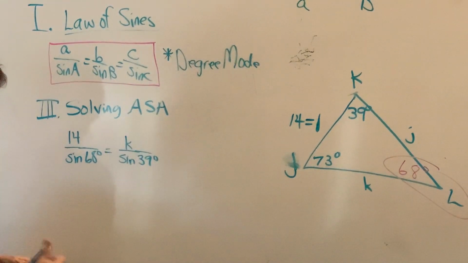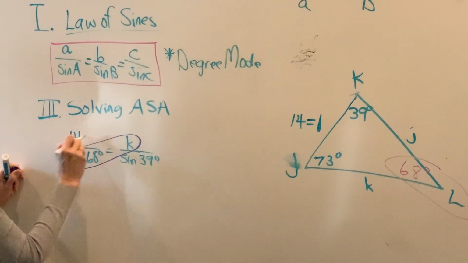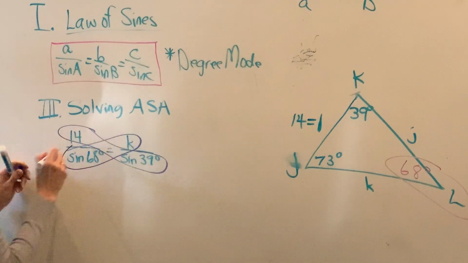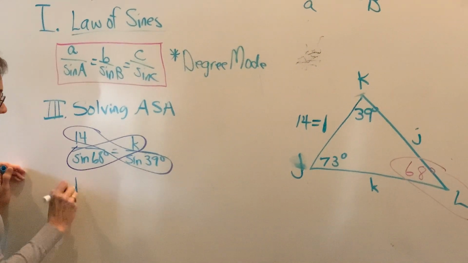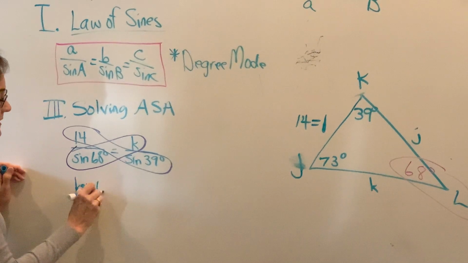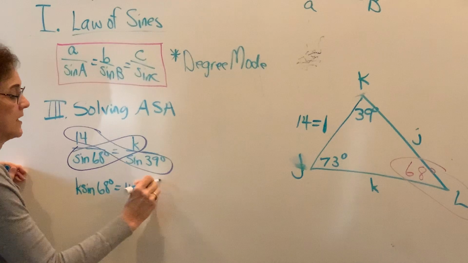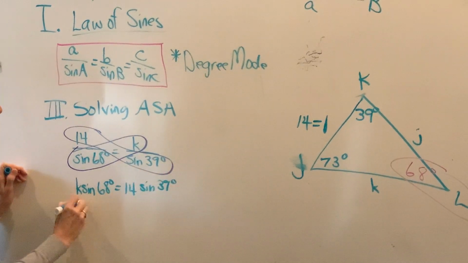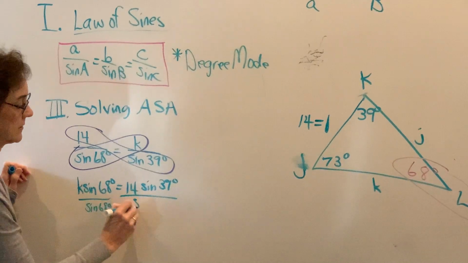And when I'm actually teaching this in the classroom, I would have you do this one by yourself just to make sure you got this, but can't really do that, so I'm just going to get it done. K sine of 68 degrees equals 14 the sine of 39 degrees. Divide both sides by the sine of 68 degrees.